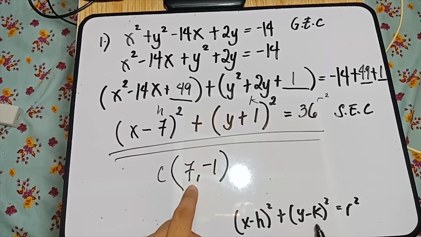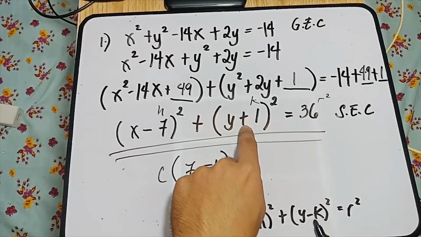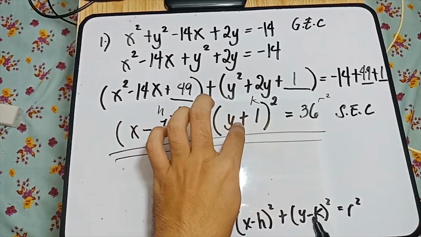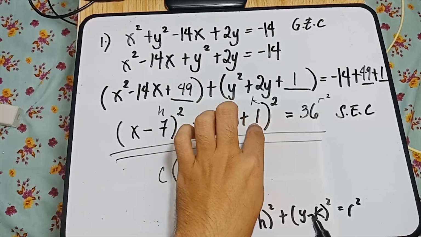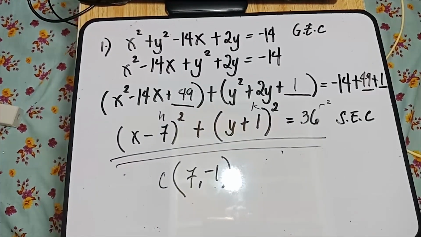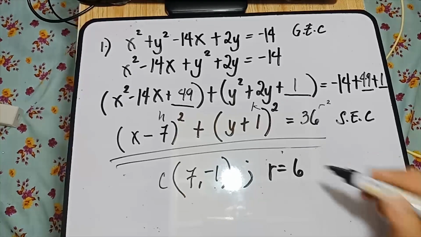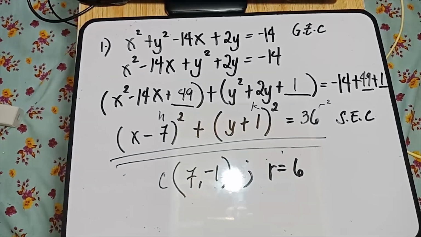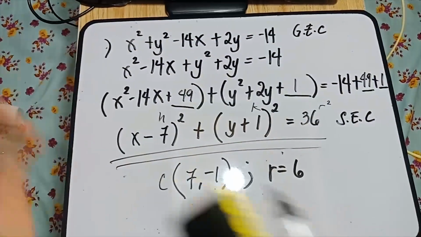And then, yung k natin, since dapat yun ay negative, positive yun. Ibig sabihin, originally, negative ito, minultiply natin sa negative, kaya naging positive. Therefore, negative 1 yun. Then yung radius natin, square root ng 36, which is 6. And, that's it. For example, example 2 yan.